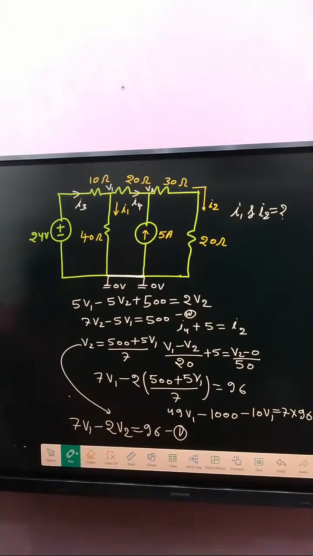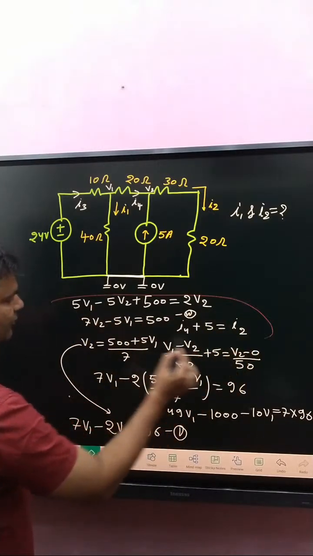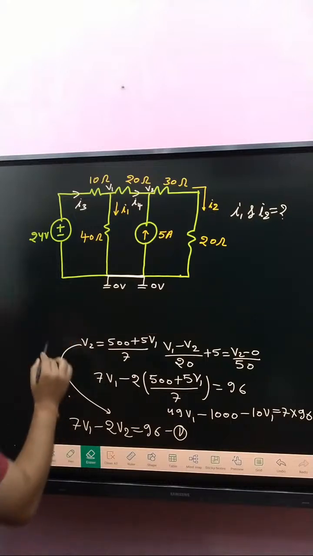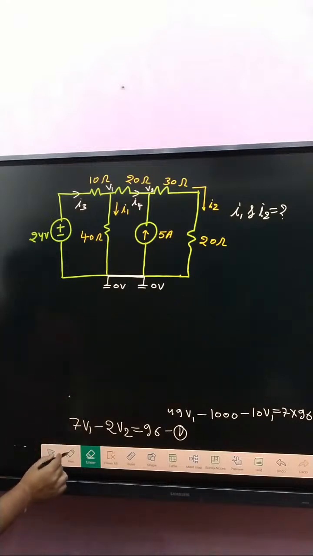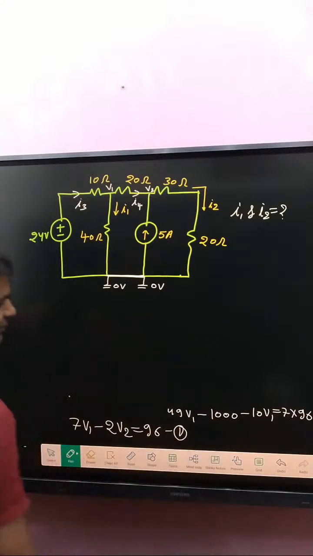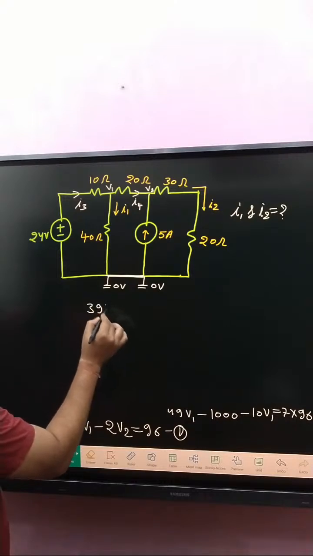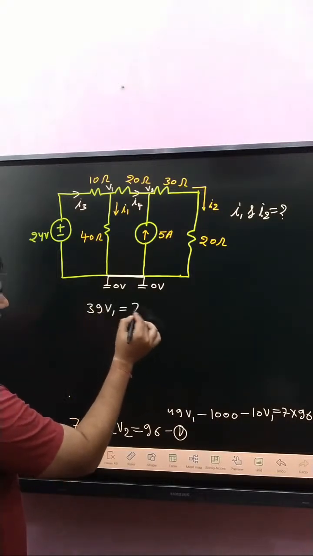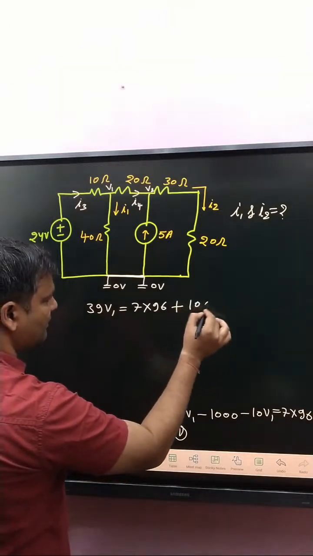If anyone faced any doubt, then tell me, I will discuss again. Okay, after that, that is 49V1 minus 10V1, that is 39V1. Okay, this will equal 7 into 96 plus 1000.